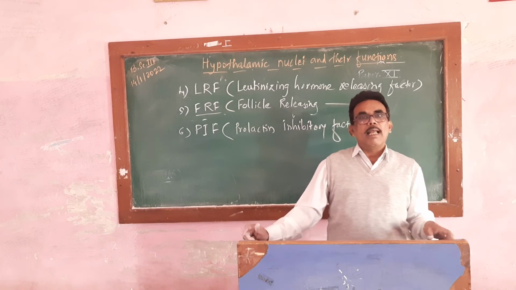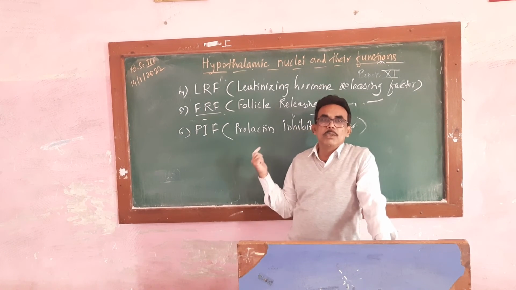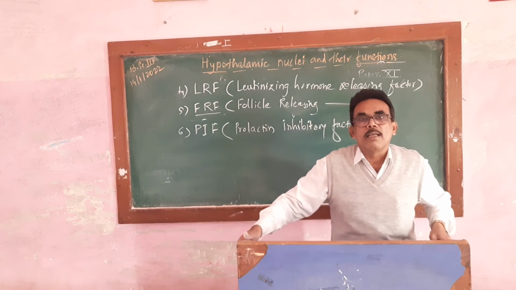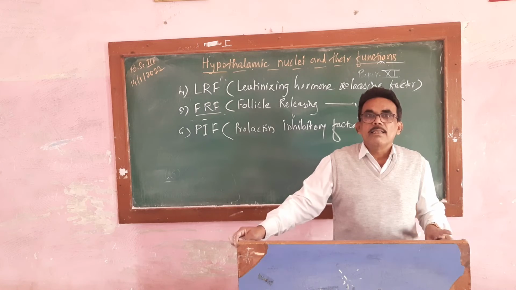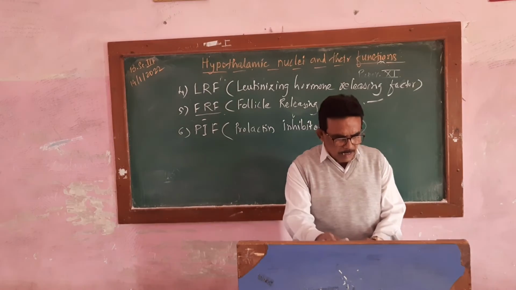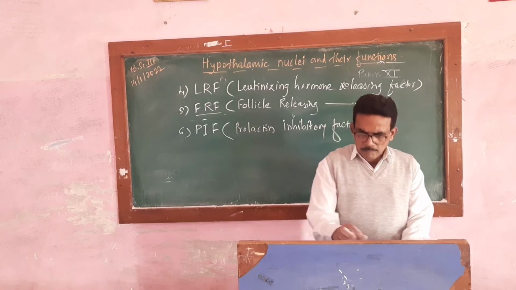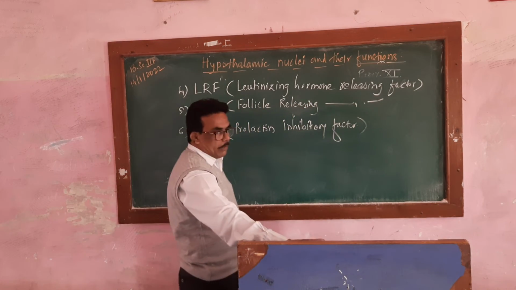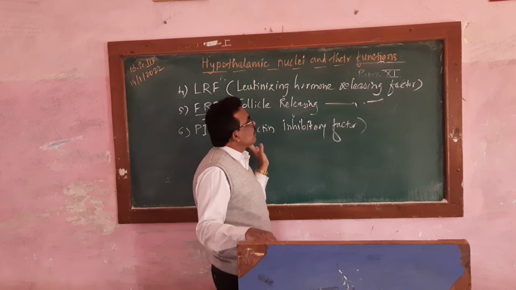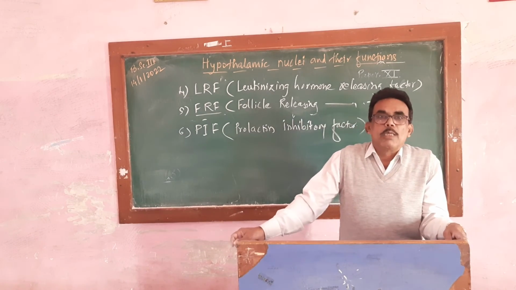That means if there is no secretion or no releasing factor from the adenohypophysis or anterior lobe of the pituitary gland, then there will not be secretion from the target gland. So likewise, the hypothalamic nuclei and their functions are useful for various activities of the endocrine glands.